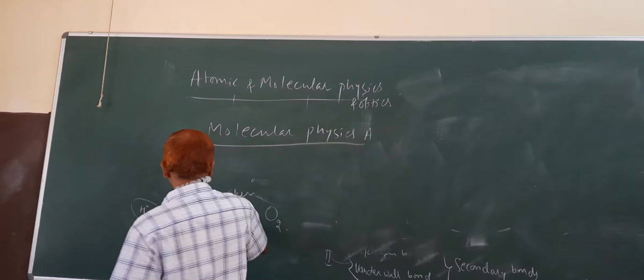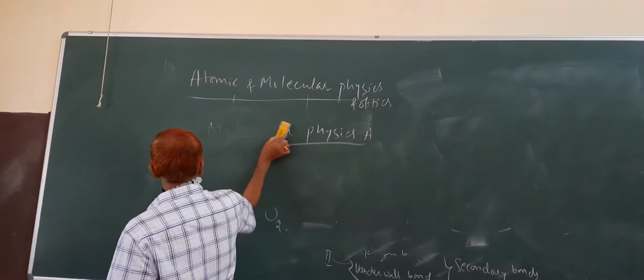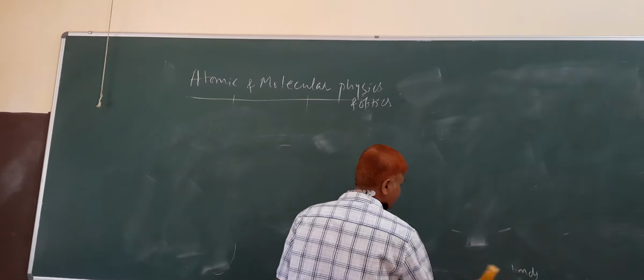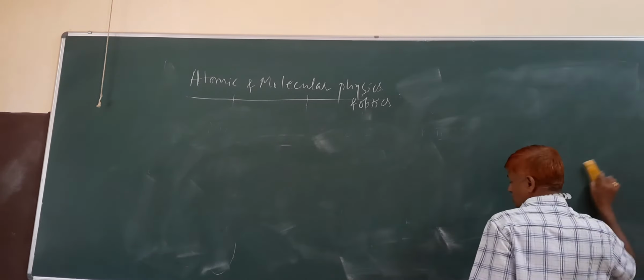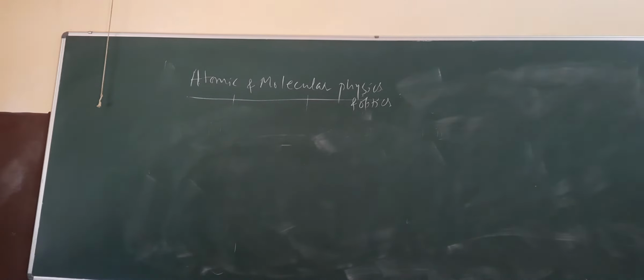Now we come to the importance of studying spectra. Why do we study spectra? Always we are doing the spectrometer experiment. Maybe you have not recognized the importance of this spectra. What is the importance of studying the spectra of an atom, the spectra of a substance? Why are you studying the mercury spectra?